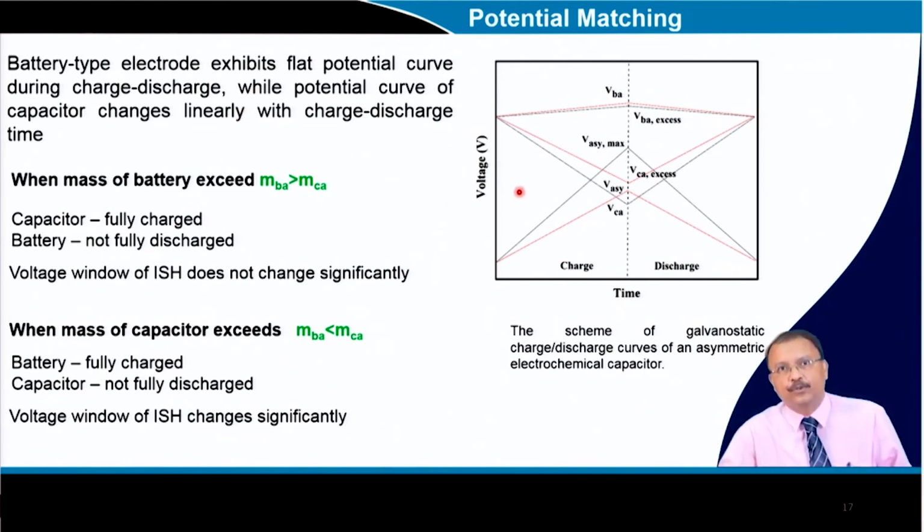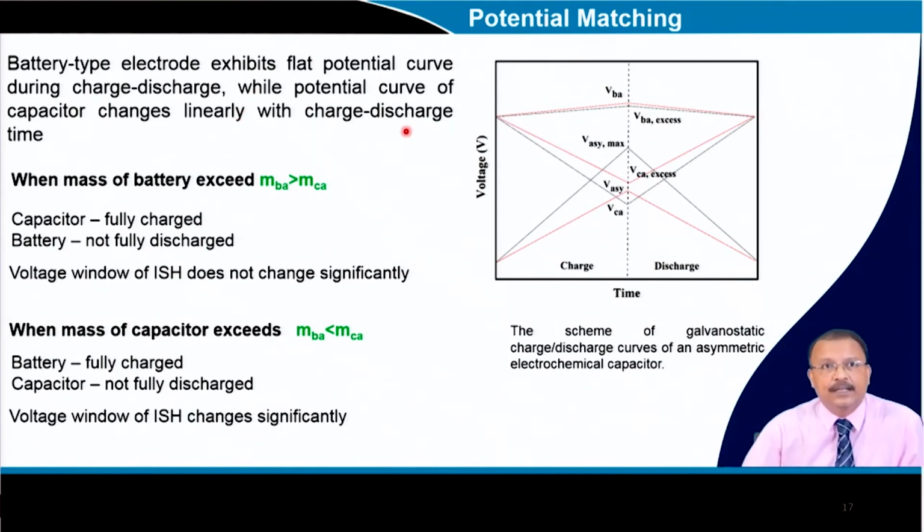This is more or less a straight line. You can understand from this figure that I have shown the half cell, similar to the earlier example, half cell for the battery, half cell for the capacitor, and then the full cell.